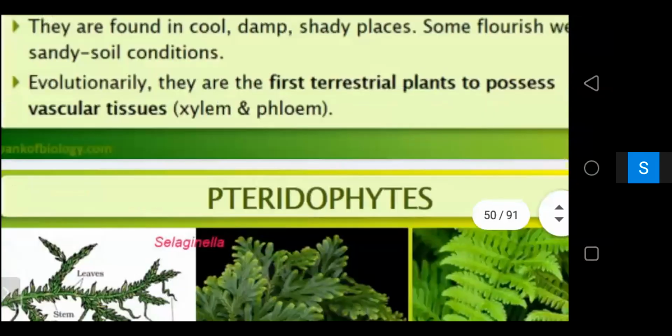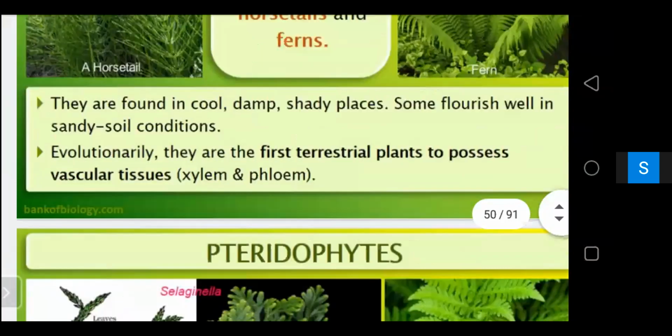They are the first evolutionary plants to have the vascular bundle, and they are the first plants to have leaf, shoot, and roots.